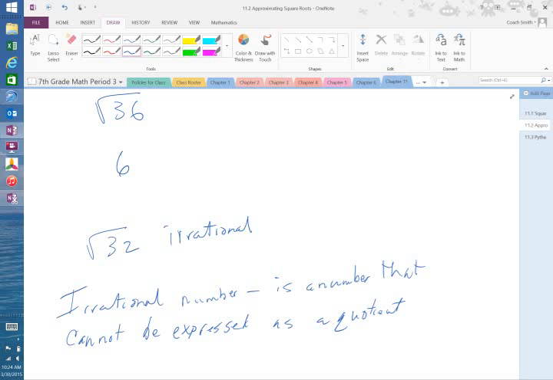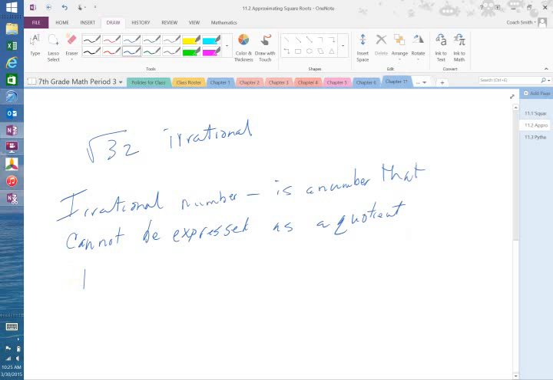So, we already talked about the square root of 32 is irrational because it doesn't have a perfect square. Basically, irrational numbers are those numbers, write this part down, that are infinite.